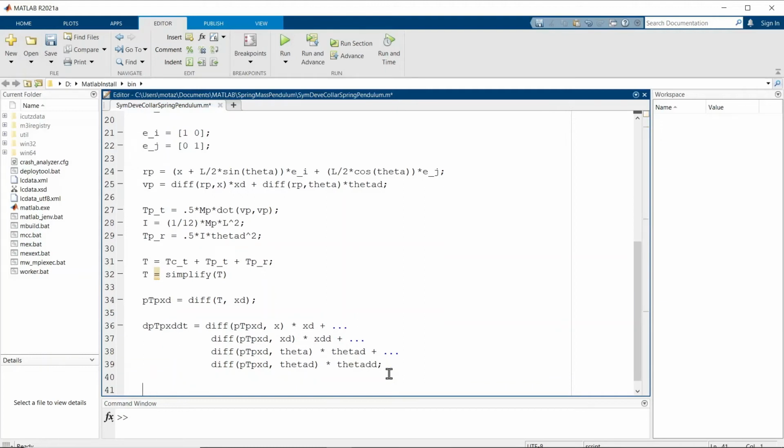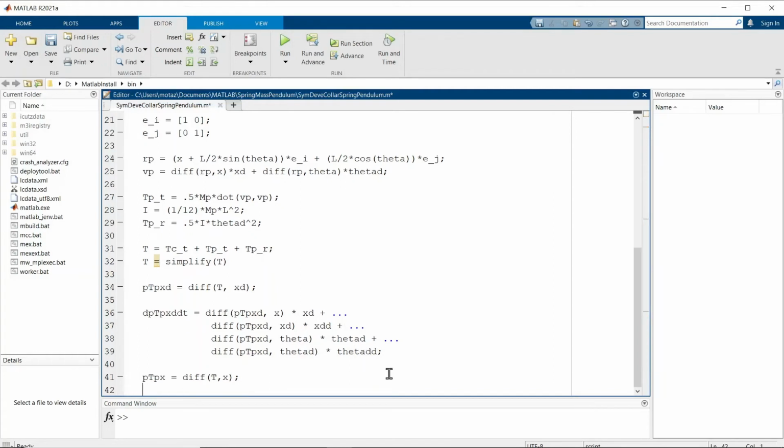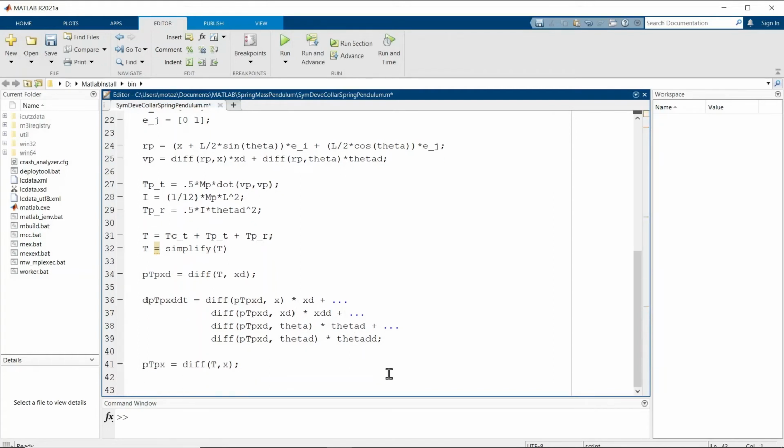Now we need to find the second term, which is the partial derivative of the kinetic energy with respect to just x by itself. That's easy to find. And now we do the same for the potential energy.